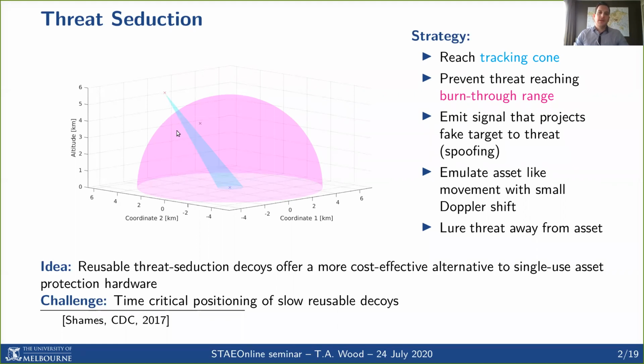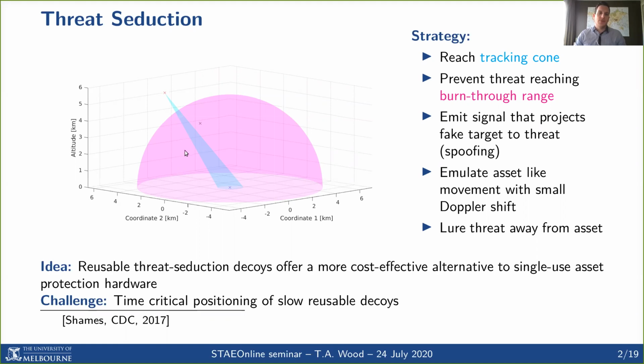When the threat gets closer than the so-called burn through range, the decoy cannot fulfill its task of emitting a signal that projects a fake target to the threat. So the objective is to move the decoy to reach the cone before the threat reaches the burn through range, and then emit an electromagnetic signal to portray a fake target.